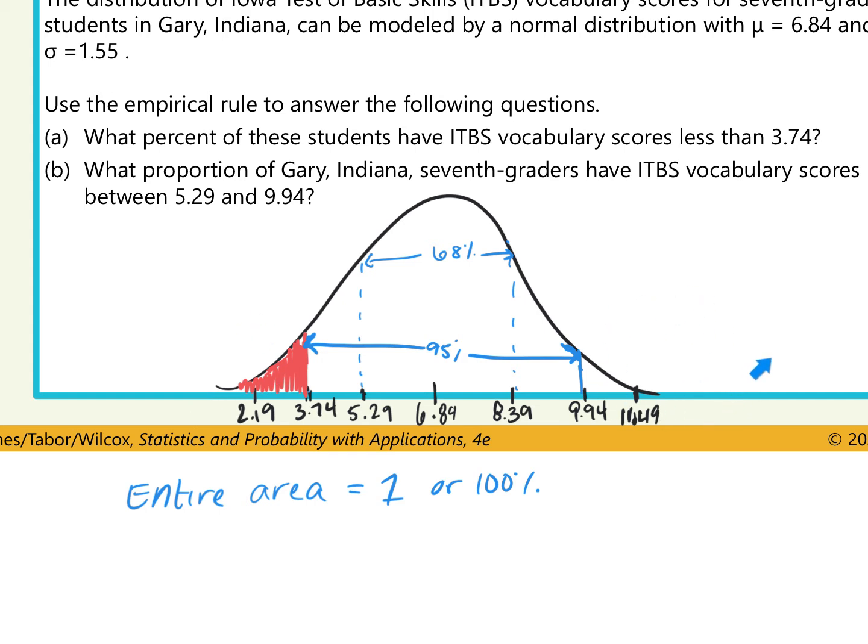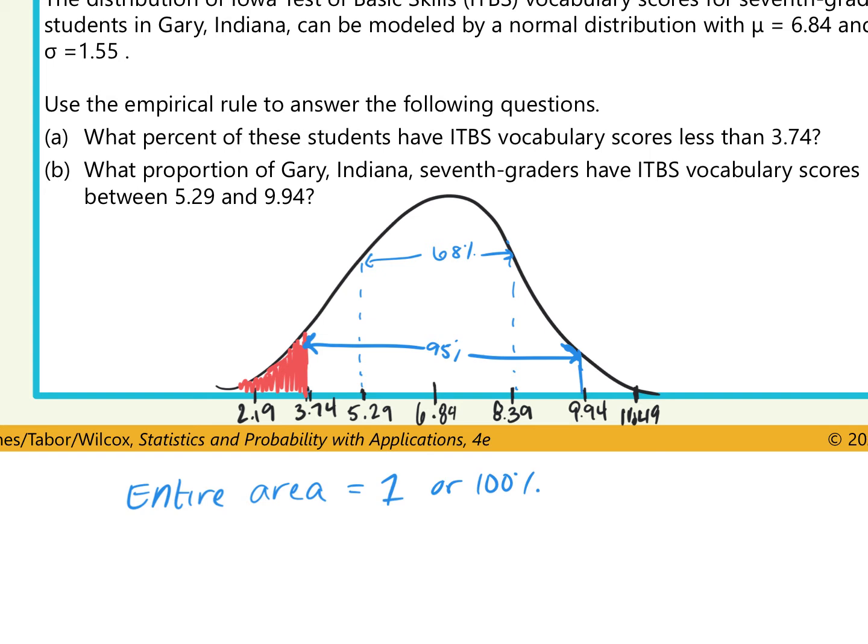Wait, I have 95% in the middle. How much is left? 5%. And they are divided evenly on each side, right?